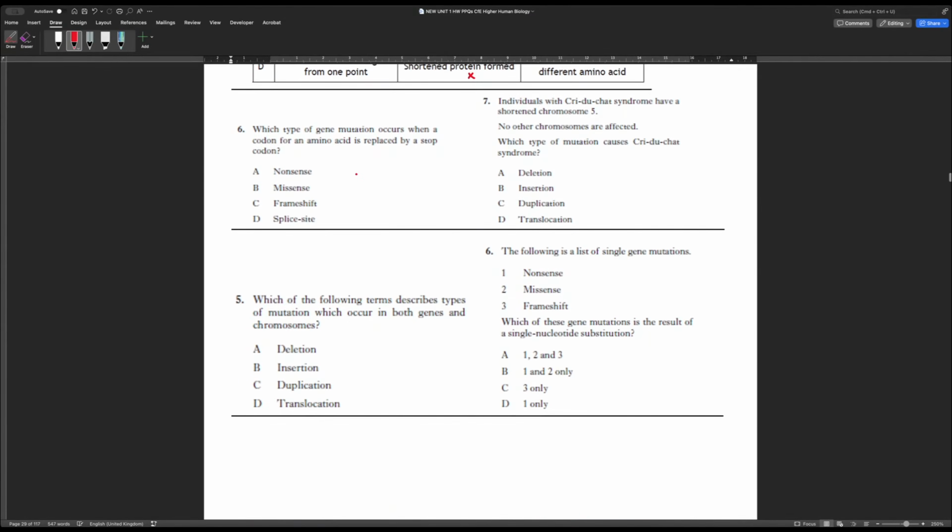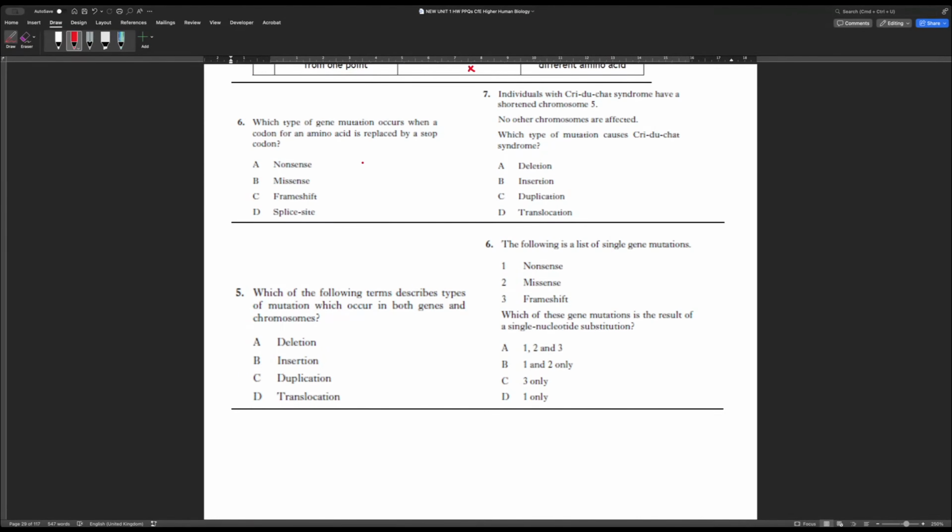The next one: which type of gene mutation occurs when a codon for an amino acid is replaced by a stop codon? As soon as we think stop codon, we think shortened protein, and we think this is all a load of nonsense. Okay, next one: individuals with Cri-du-chat syndrome have a shortened chromosome 5. No other chromosomes are affected. Which type of mutation causes Cri-du-chat syndrome?